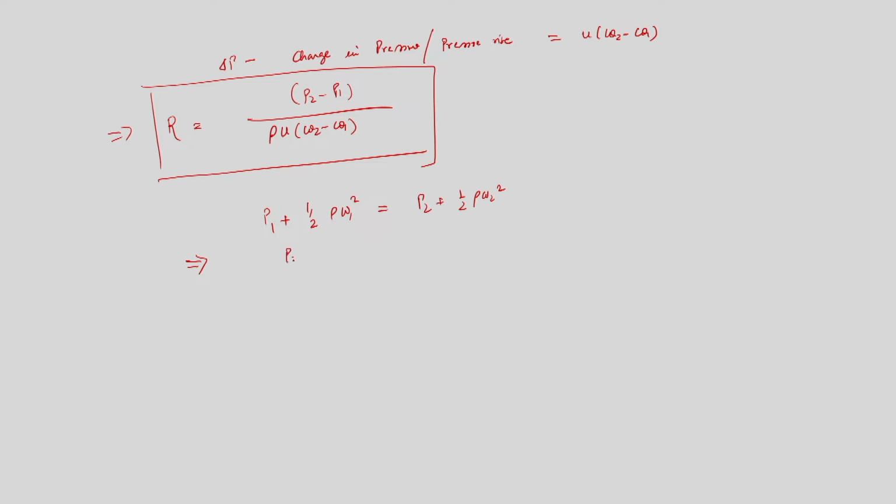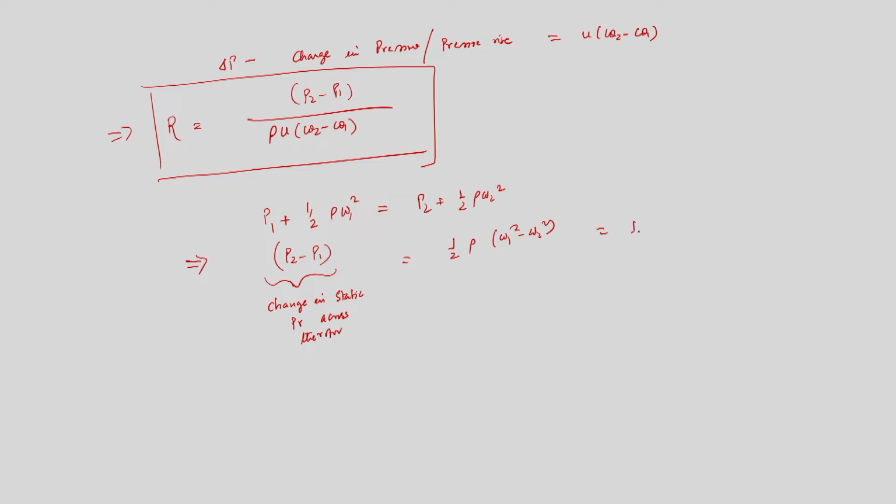From this expression I can write P2 minus P1, that is the change in static pressure across the rotor, is equal to half into rho into W1 square minus W2 square, right.